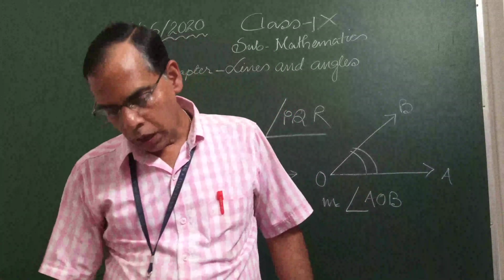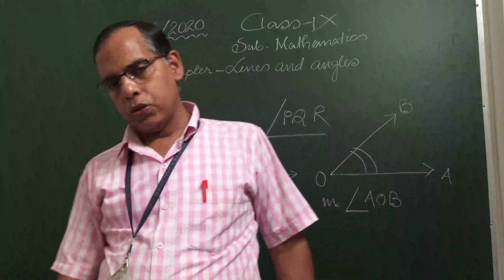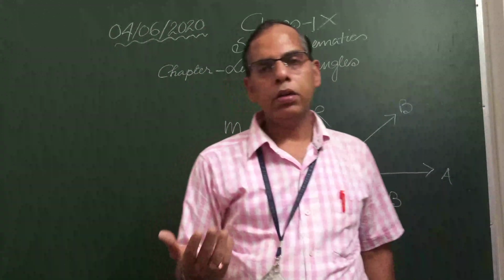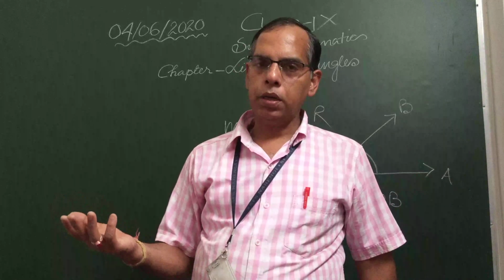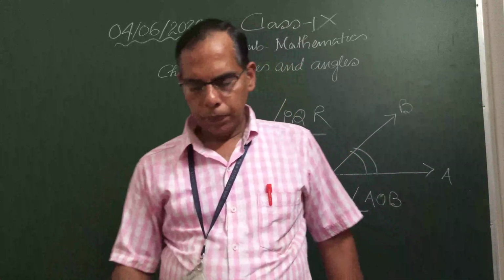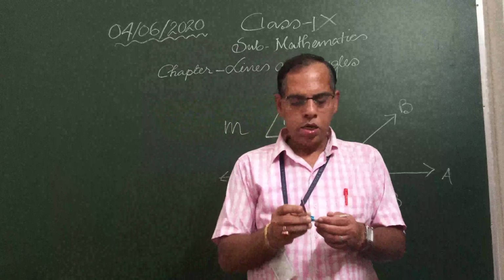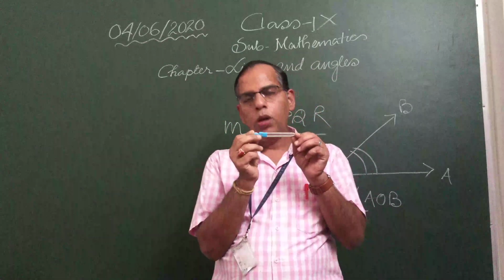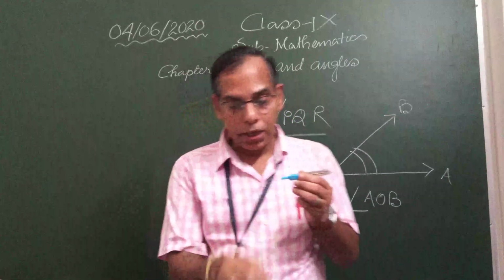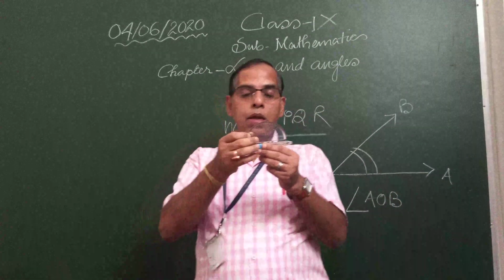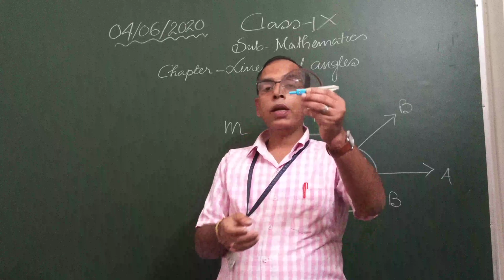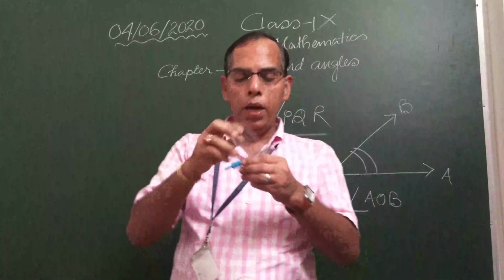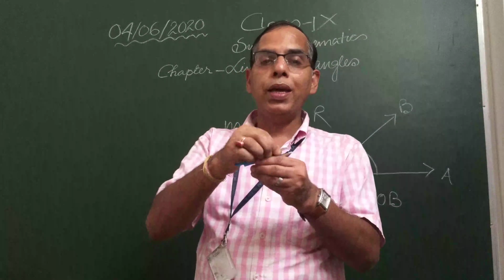Okay? Now, my dear students, next is the different measurements of angle. See, when I put these two rays together, what is the measurement? Can you measure any angle exactly here by the protractor? It is not possible, because there is no movement of the two rays.